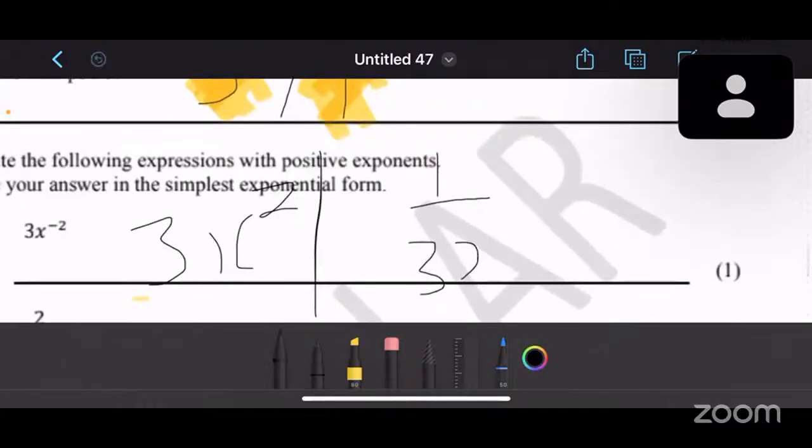Wait, what? Ma'am, I remember you once told us that when we want to make the exponents positive, we have to say 1 over the exponent. And then we're having a positive here.